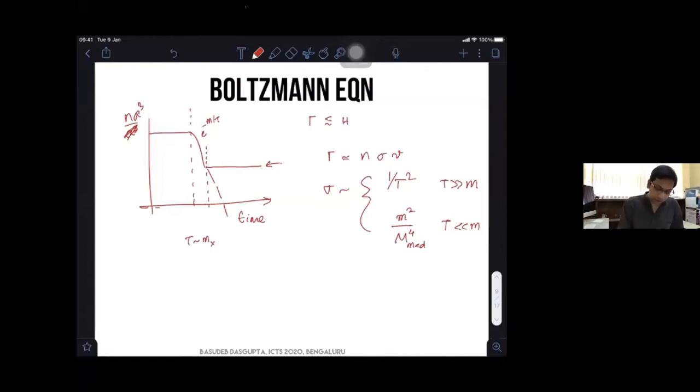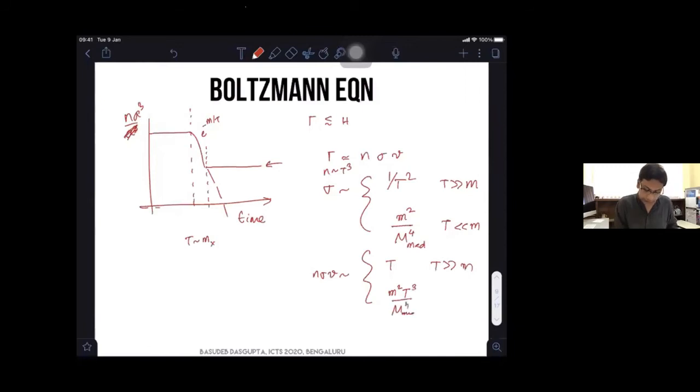Let's say for now that n goes as T cubed, and v, let's just set it to 1 for now. So you will find that n sigma v goes as T for large T. And say, m squared T cubed over m to the power 4.